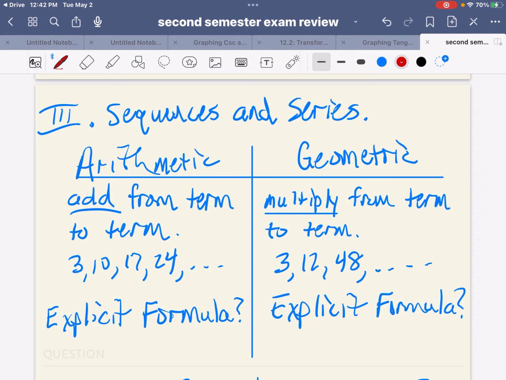So notice here in this first example, the first term of a sequence is 3, the second term is 10, the third term is 17, the fourth term is 24. We can clearly see that we're adding 7, adding 7, adding 7. So this is, by definition, an arithmetic sequence.